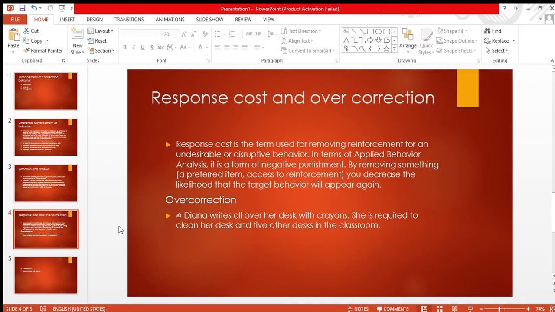For example, Diana writes all over her desk with crayons. She is required to clean her desk and 5 other desks in the classroom. So instead of cleaning only her desk, the teacher asks her to clean 5 other desks. To reduce this burden, she will not repeat the behavior again. That's how we do overcorrection of the behavior.